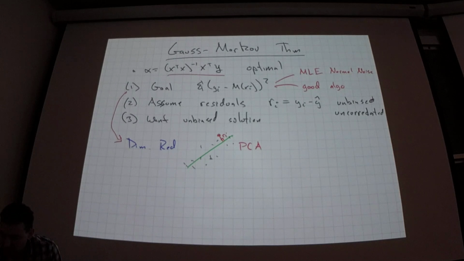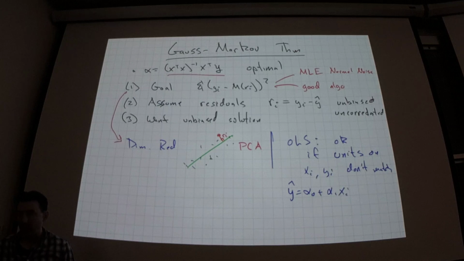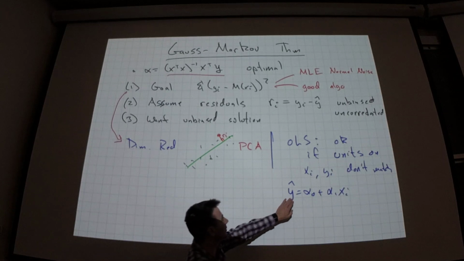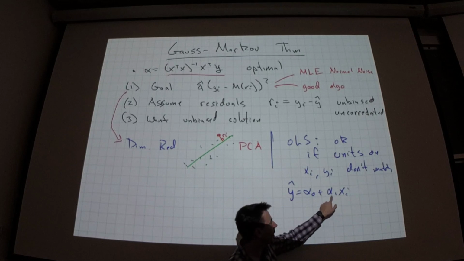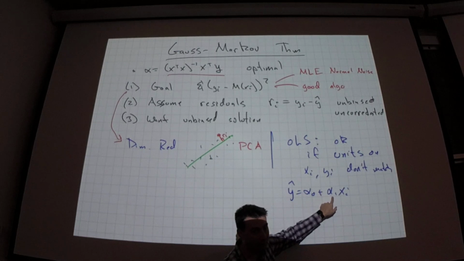The advantage of ordinary least squares is that it's okay if the units on xi and yi don't match. Okay, so if I look at this model, y hat equals alpha 0 plus, say, alpha 1 xi, and xi is, I'm predicting weight from the height. Well, alpha is going to be in terms of units, weight over height.